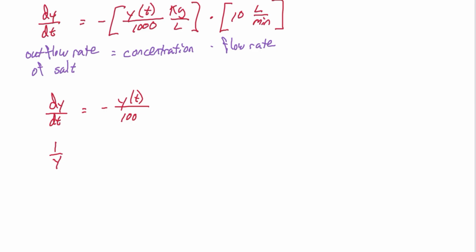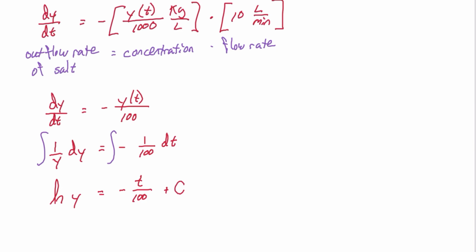So we have 1 over y dy, and that's equal to negative 1 over 100 dt. Now that we've separated the functions, we can integrate both sides. On the left, we get the natural log of y, and on the right, we get negative t over 100 plus the constant.